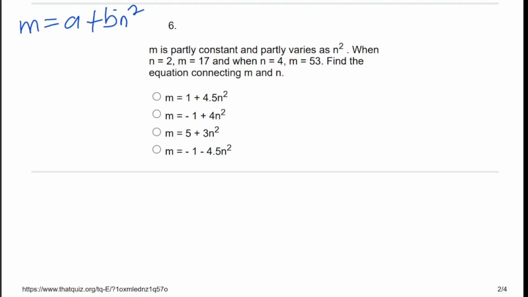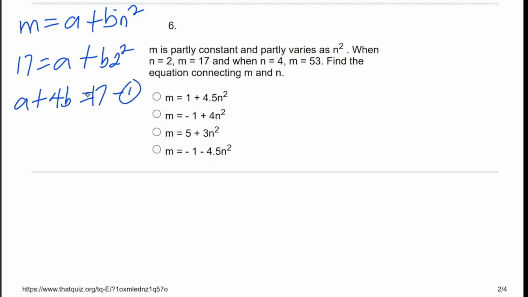When N is equal to 2, M is equal to 17. That is, M is equal to 17 and N is equal to 2, that is b times 2 squared. So which is going to give us a plus 4b, that is 2 squared is equal to 4, equals 17. So this gives equation 1.